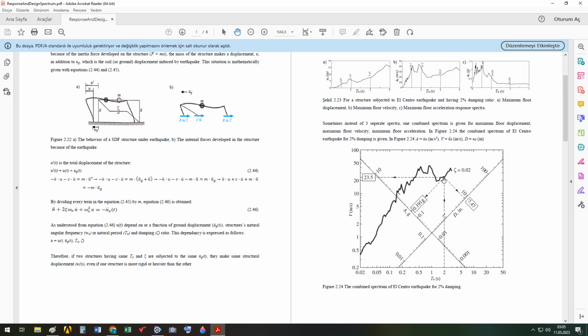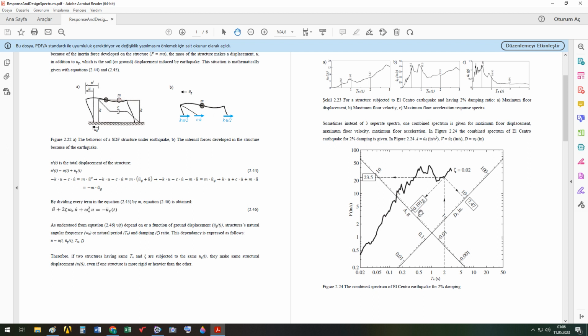This scale gives me the maximum velocity. I draw a perpendicular to this scale to obtain the maximum floor velocity. It's 23.5 inch per second. I draw another perpendicular to this scale to obtain the maximum floor acceleration.